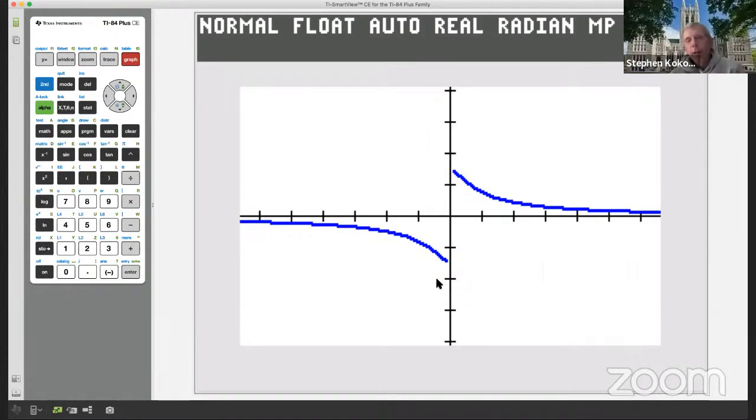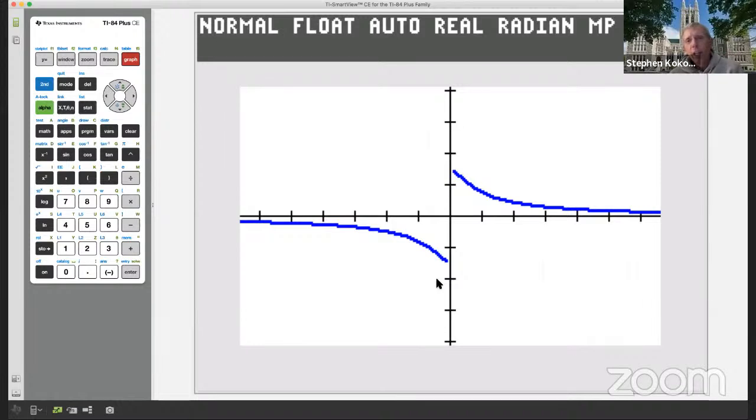So is there any way to trick the calculator to do this, to make it look like the other one by, for example, using an absolute value for x? Is that a way to get around it?